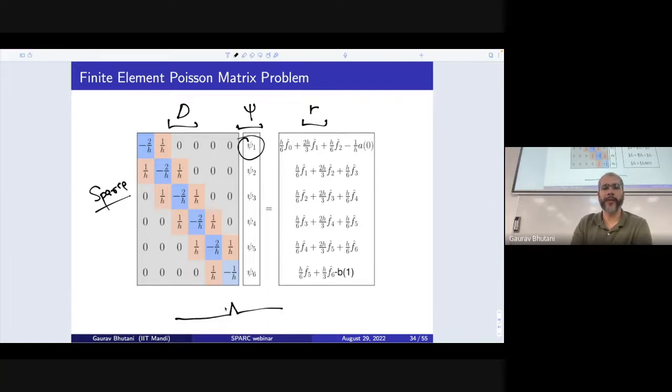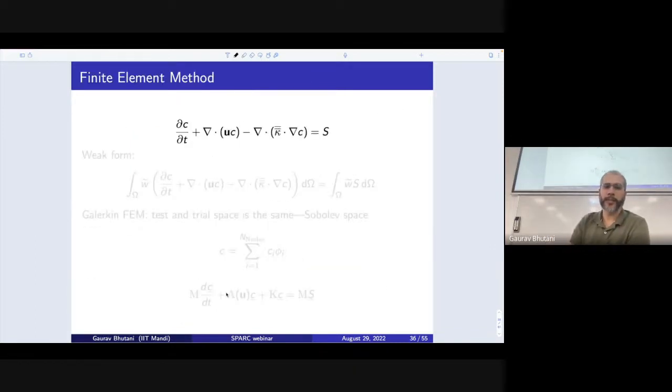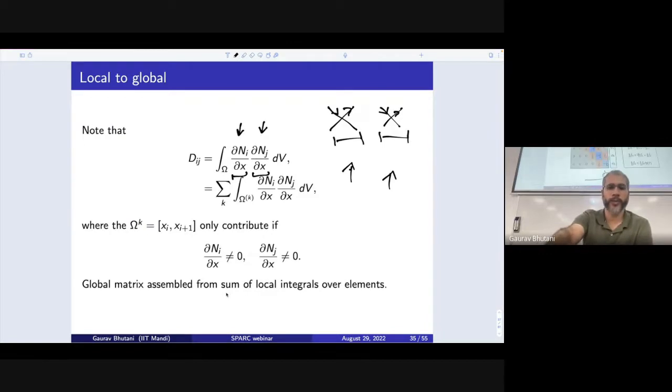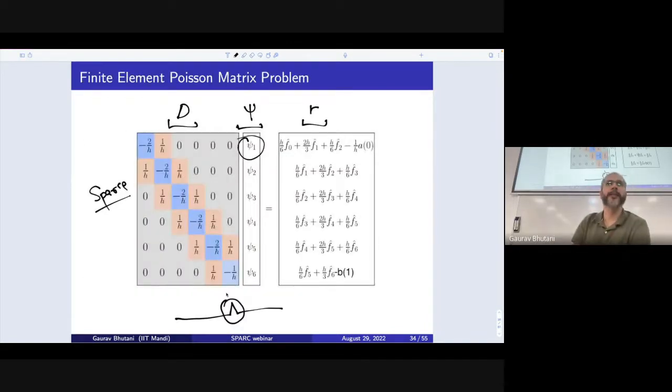So if you take a derivative of this N, it will only be non-zero in a very small space. Mostly it will be 0. So your matrix becomes sparse. And that is the reason we choose this: sparse matrices are easy to invert. We don't have to use direct methods. We can use computational methods where it is very easy to invert these.